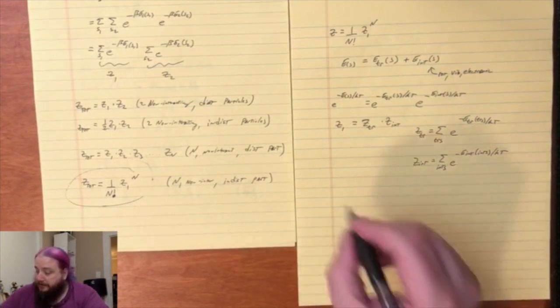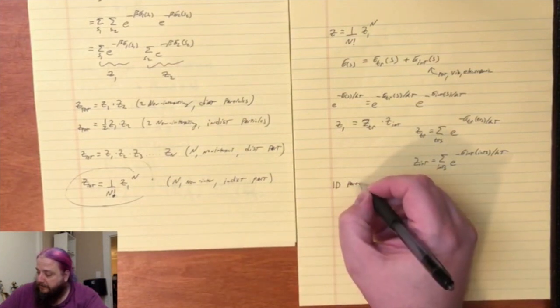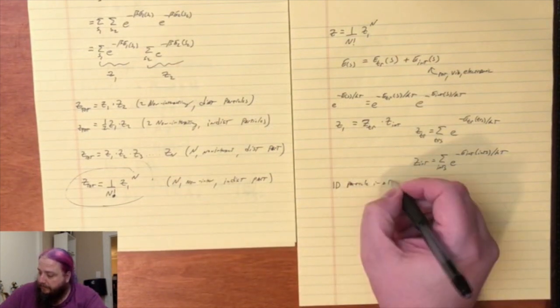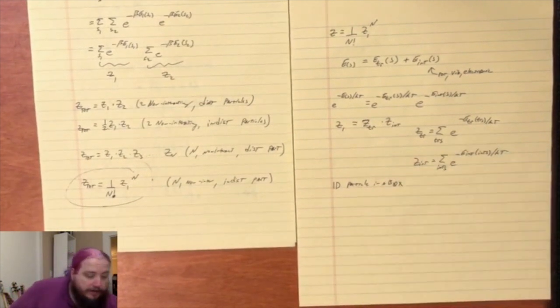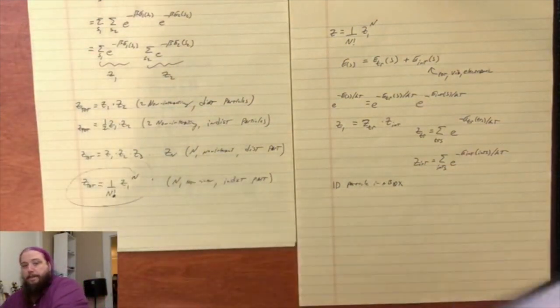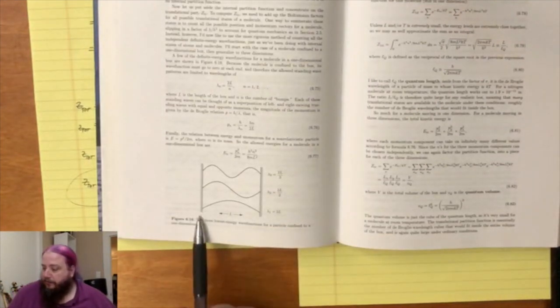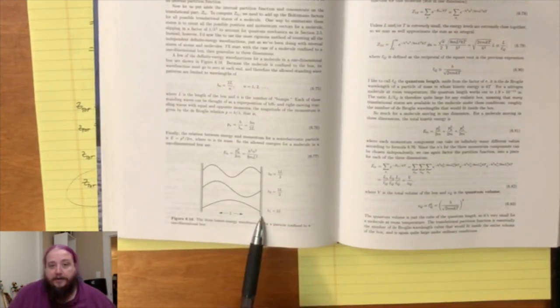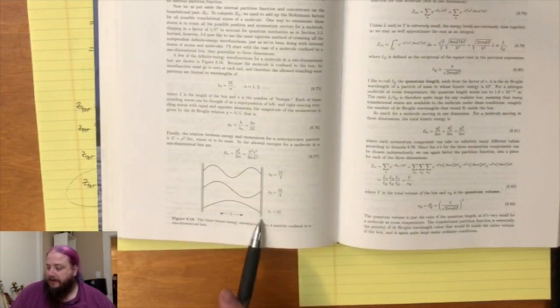So in one dimension, a one-dimensional particle in a box, we have some sort of a barrier at two ends of a cavity.